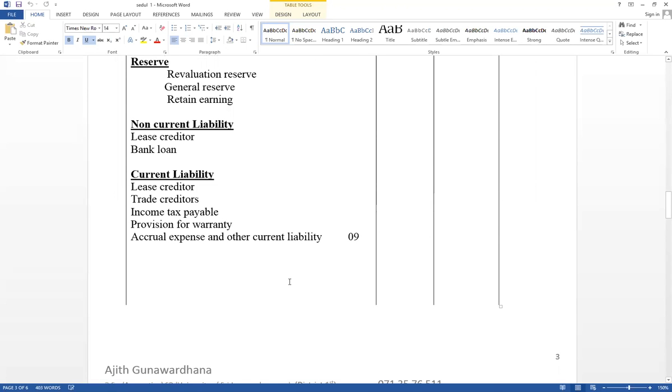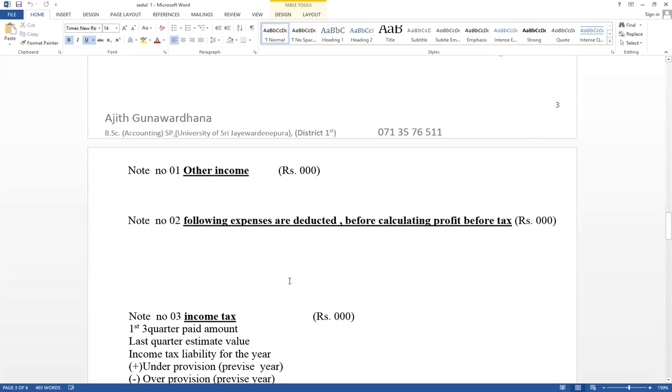Then under notes, first one, try to get an idea how to present and prepare the financial statement. Other income in separate notes. And note number 2: the following expenses are deducted before calculating profit before tax. Here there is no need to include all the expenses. Only important expenses for decision making should be included.